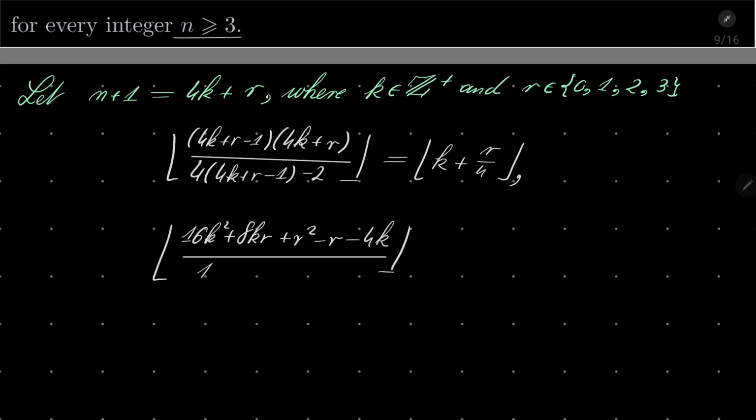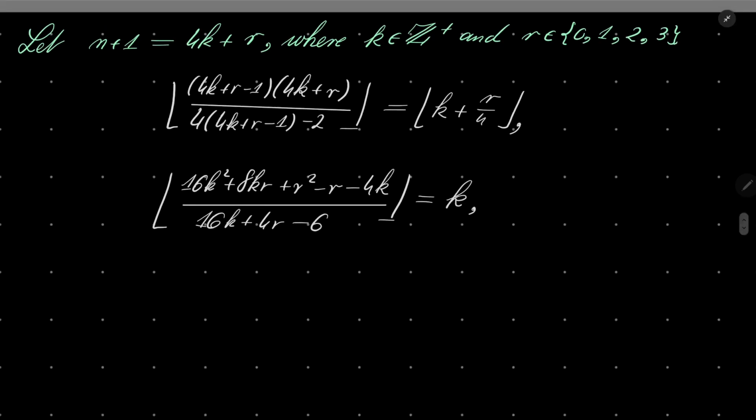And in the denominator we have 16k plus 4r minus 6. And what is the floor of this number on the right hand side? Well, it's just k, because r over 4 is between 0 and 1.